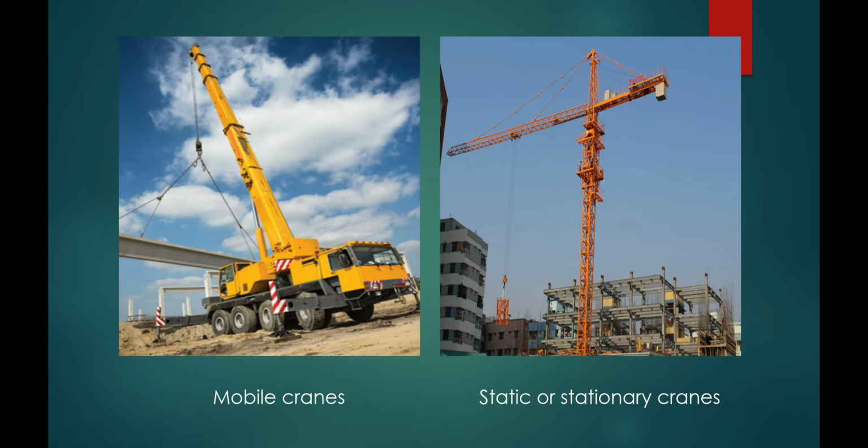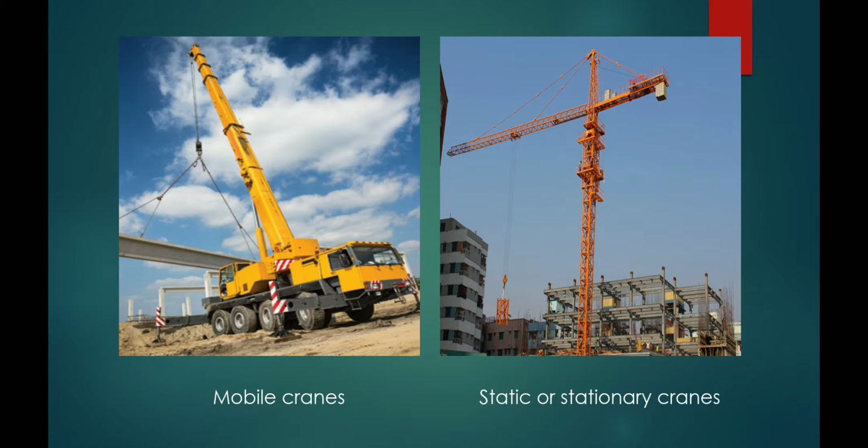And here on the left you can see a picture of a mobile crane. As you can see, it has wheels, which makes it a mobile crane, which allows it to move around the construction site or from job site to job site.